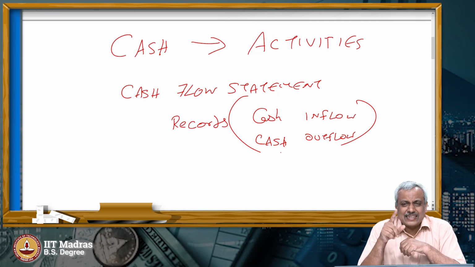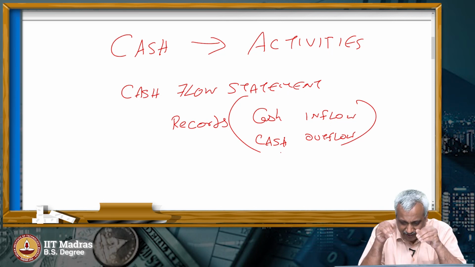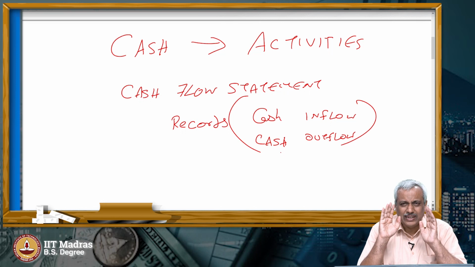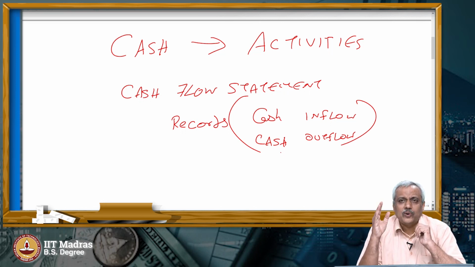If I prepare a cash flow statement for the financial year 22-23, it will find a place in cash inflow. I don't worry about when the sale took place; money has come in today, so it will find a place in the cash flow statement as of today. So the cash flow statement is worried only about actuals, money coming in, money going out.